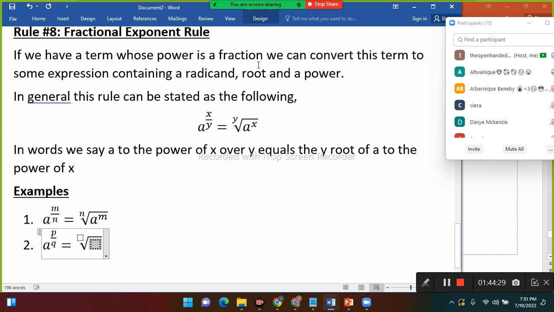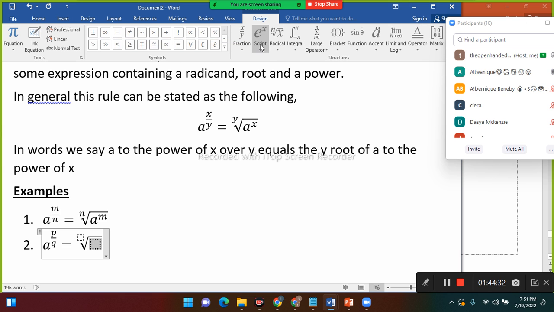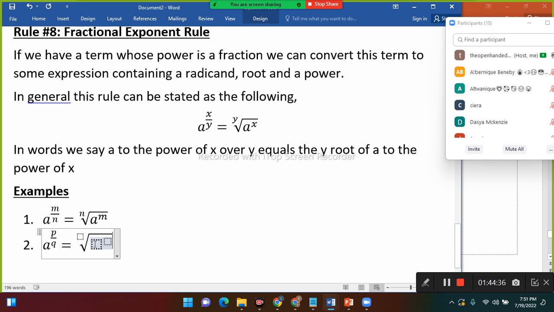Then put a q underneath it. A q? You sure, a q or a p? A p. A p, excellent. And then what happens to the q? You put it on top. Put it on top, not right there. Excellent.